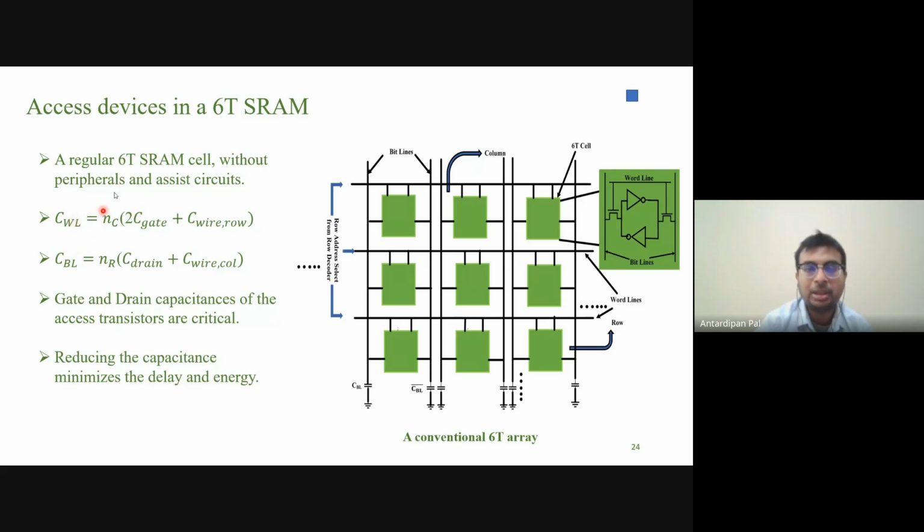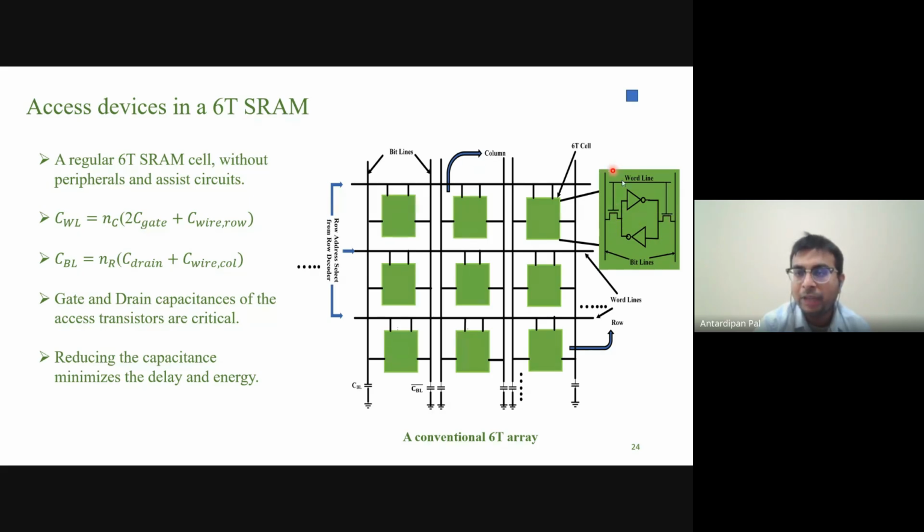Now, what's the word line capacitance? This is the word line, right? What's the total capacitance? This is an array, so you will have, let's say, thousands and thousands of such cells in a row, and also thousands of cells in a column. So what's the total word line capacitance? These are the 2 gates for a field effect transistor.